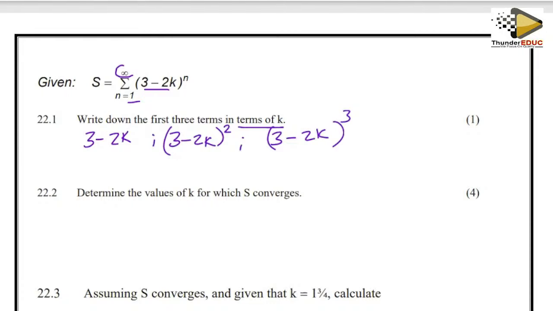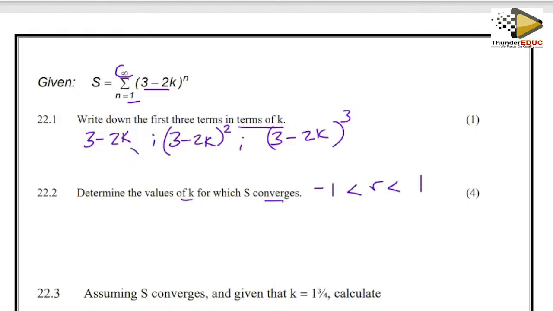Then determine the values of k for which S converges. So remember the condition that we said, that for any sequence or any progression to converge, the common ratio must be within these limits.